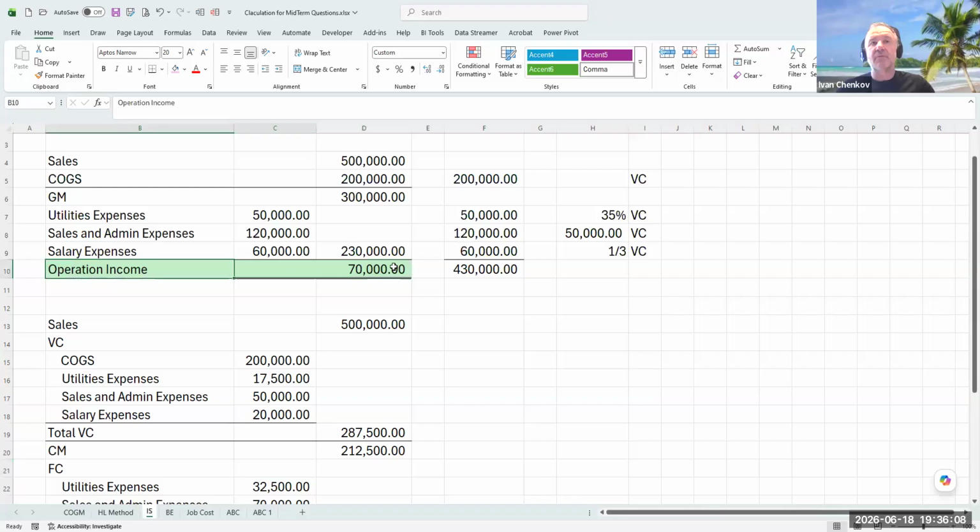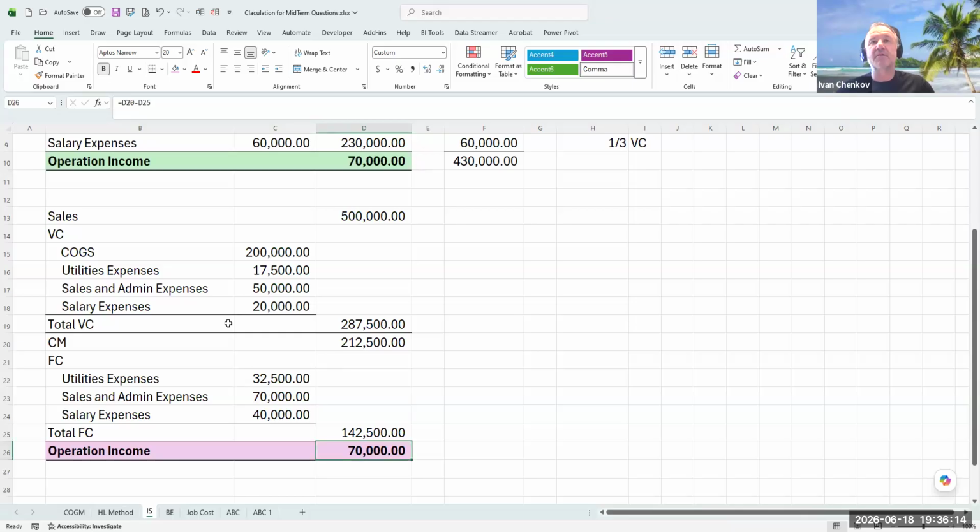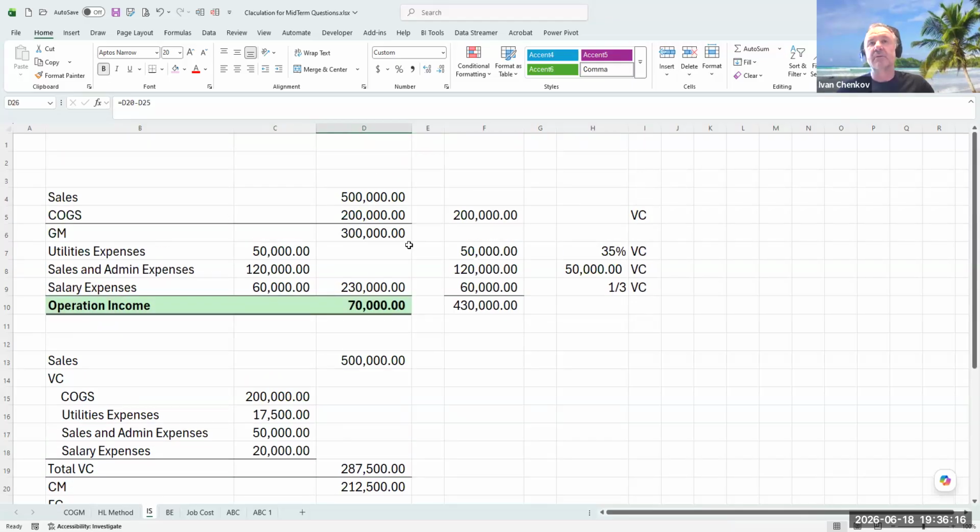Something is wrong with your calculation. Again, you cannot change the sales and you cannot change the operating income. This already happened. You're just changing the classification of the cost, but that's the same cost, which behaves only as variable and fixed. That's all.